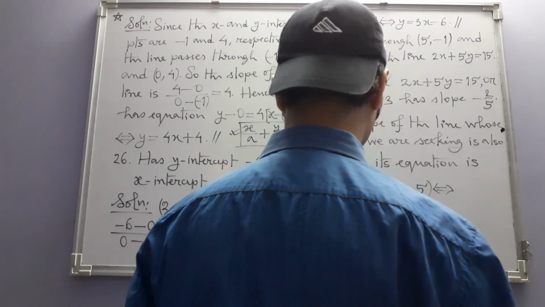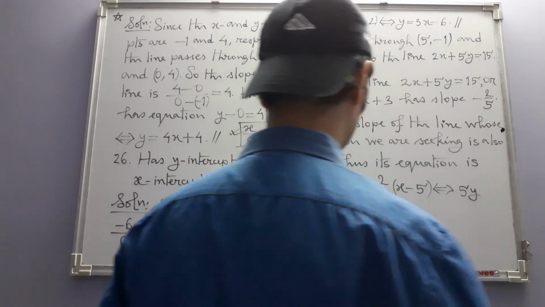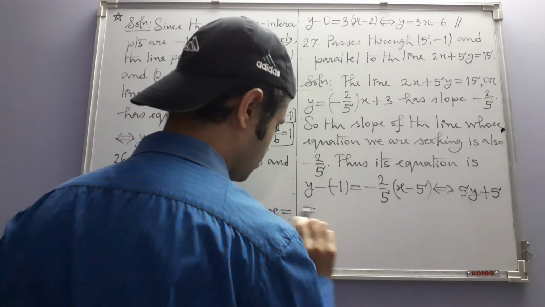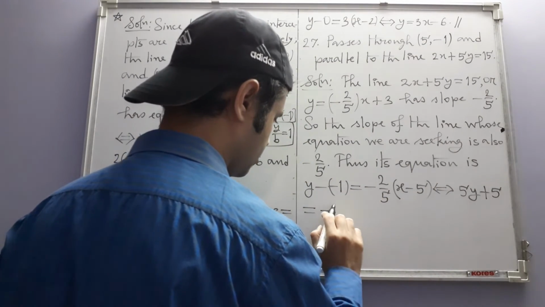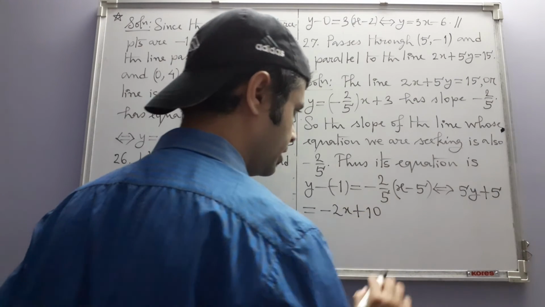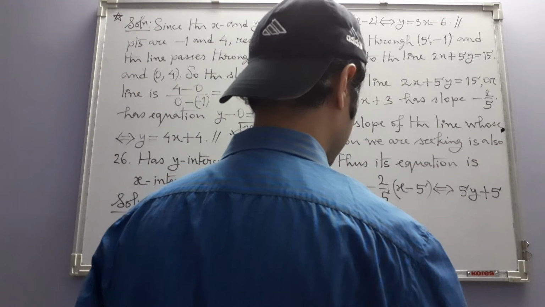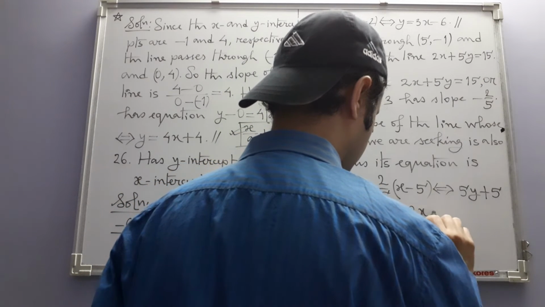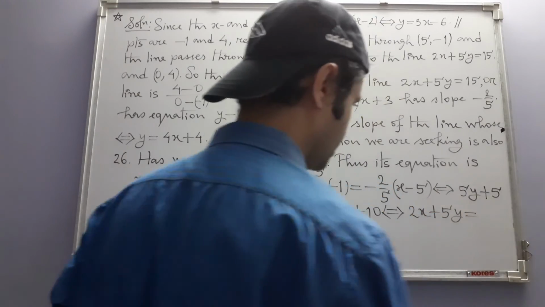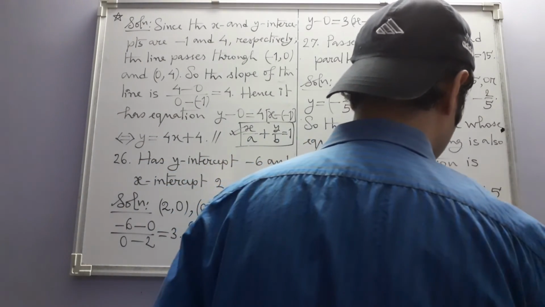Multiply throughout by 5, you get 5y plus 5 equal to -2x plus 10, or take 2x on that side, 2x plus 5y equal to 10 minus 5, which is 5.